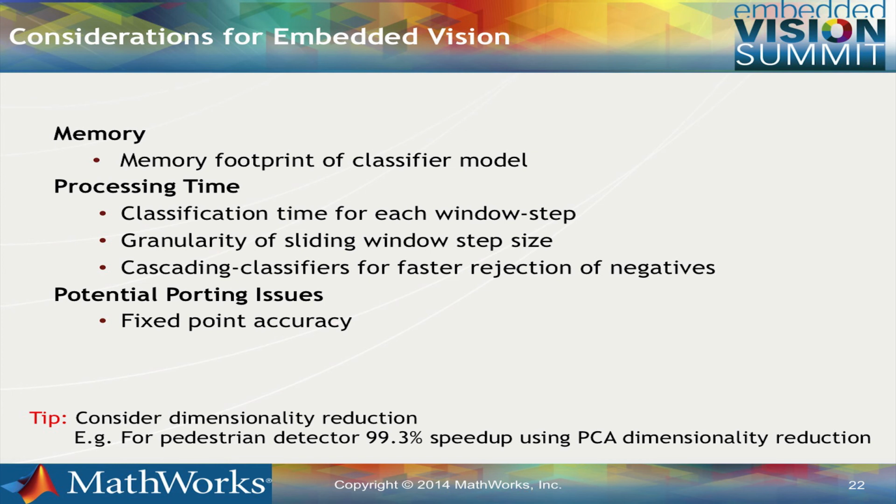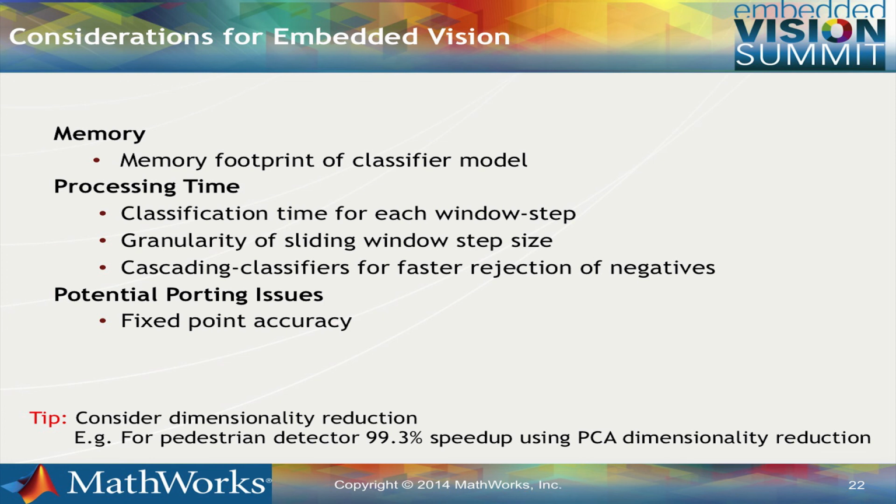And the last thing is consider dimensionality reduction. So when I created my pedestrian detector, I used a HOG feature extractor because I had an optimized implementation of it. And that had a dimensionality of 7,500. So each image patch that I passed through it, what I got out was a feature vector of length 7,500. And I used something called principal component analysis, or PCA, to reduce that dimensionality from 7,500 to 300.